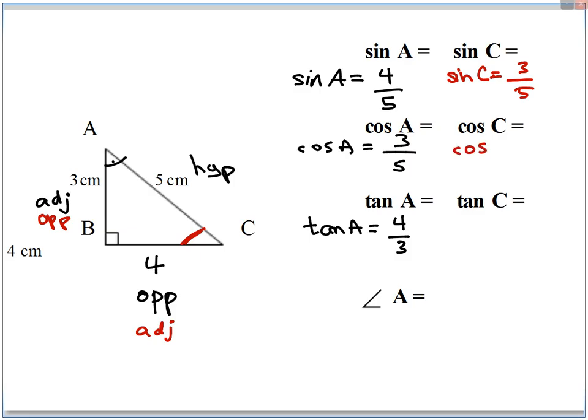And cos C would be the same as sine A, 4/5. Because the op and the adjacent switch. It's like a label switch. And the tangent of C is just going to be the opposite of the tangent of A because opposite and adjacent switch.